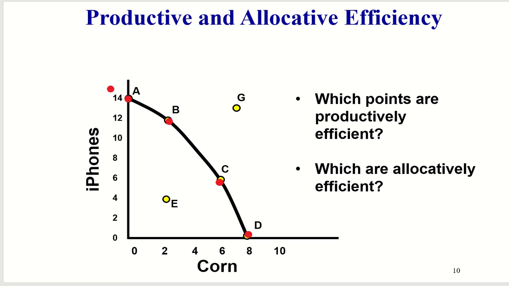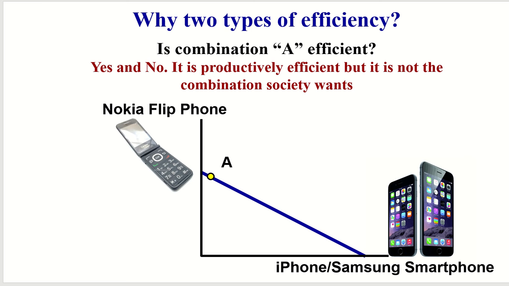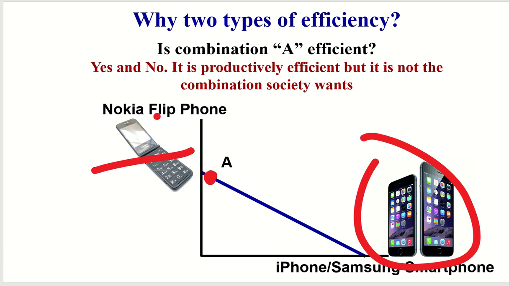It depends on what society wants. Society will tell us what we want. Do we want more iPhones and less corn? Or do we want more corn and less iPhones, right? So, for example, this point here is productively efficient, but it's not allocatively efficient. People want this, not that.